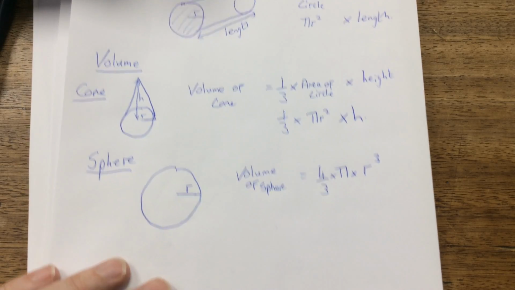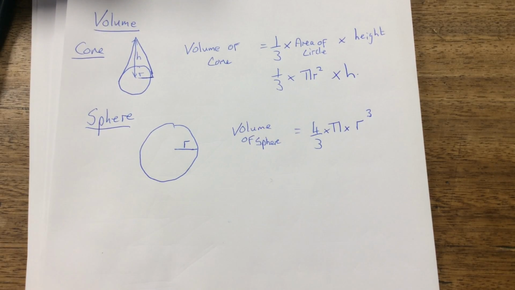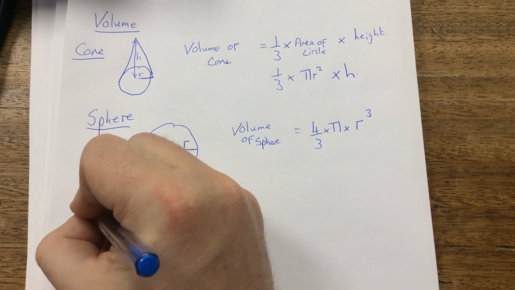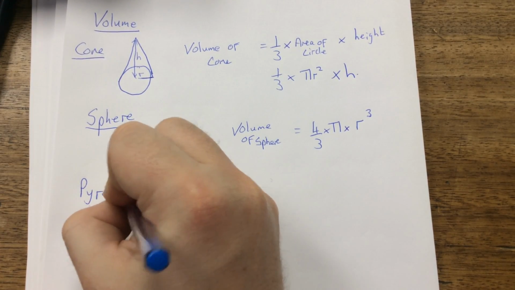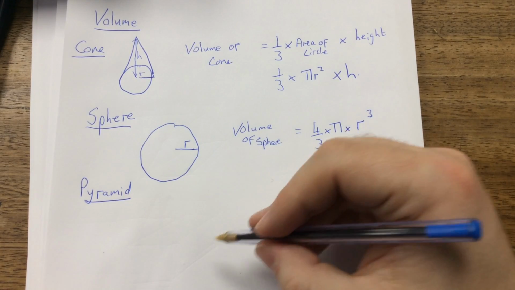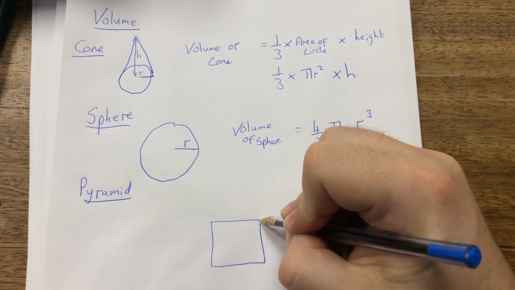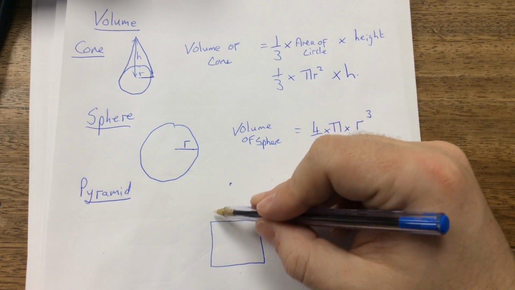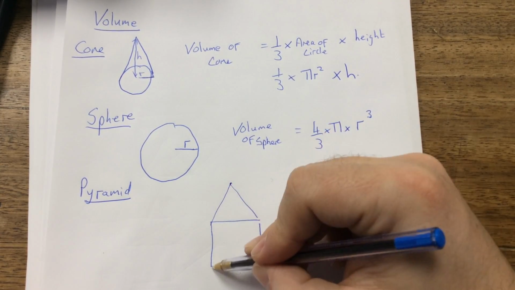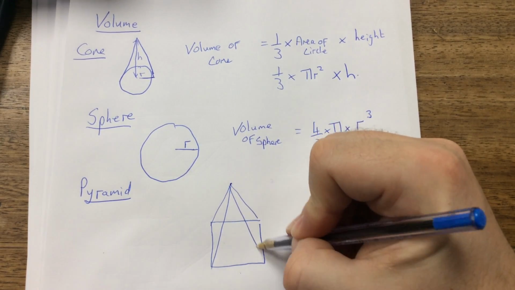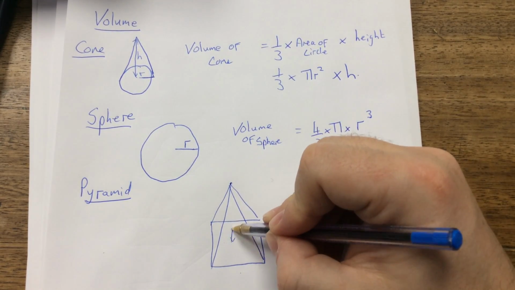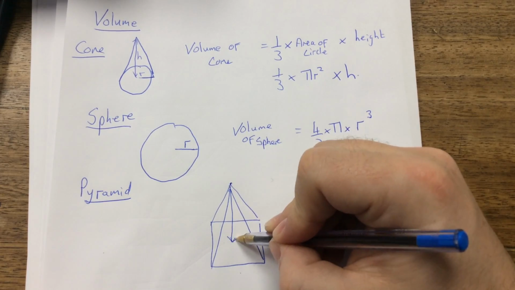And the very last shape that you need to know with volume is a square-based pyramid. So we're going to have a look at a pyramid. To find the volume of a pyramid, you've got a square at the bottom, and then, like the ancient pyramids, it comes up and looks like this.